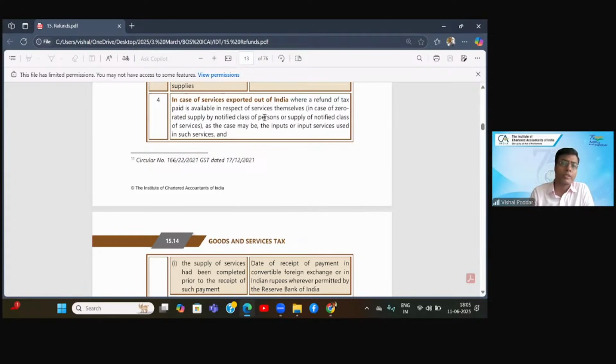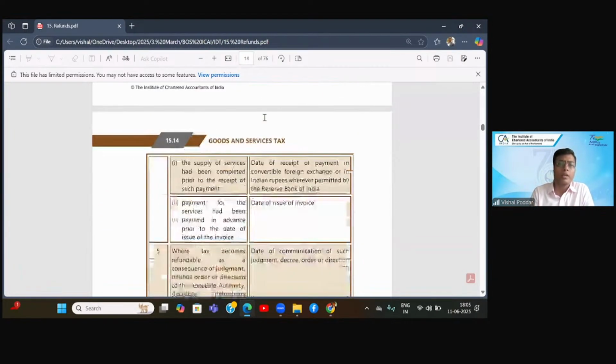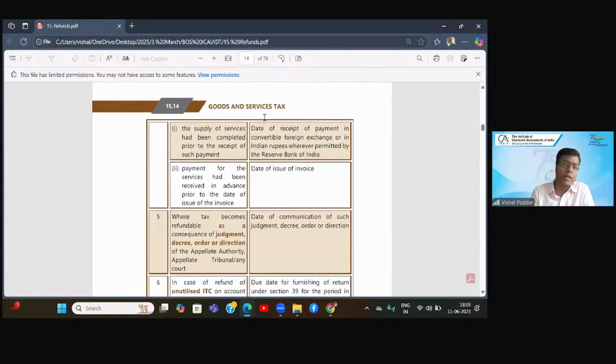Similarly, in case of export of services, once you have paid the tax on this export of services, you can claim or apply for refund from that date within 2 years. Now, in this case, it will be the later of the two: either if the supply has happened first or if the payment has been received first.